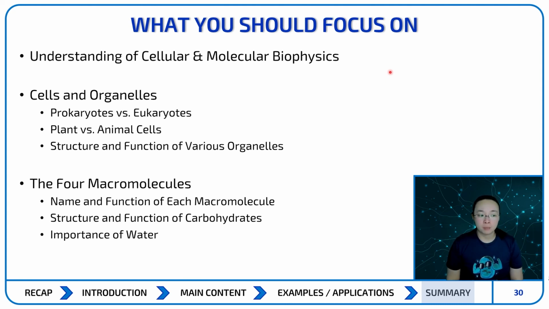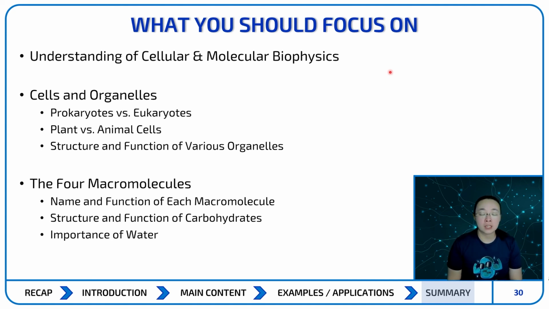Afterwards, we talked a lot about the four macromolecules, specifically carbohydrates. Just be able to name and list the function of each macromolecule, be able to understand the importance of carbohydrates, their function, and their structure from monosaccharides to disaccharides to polysaccharides.